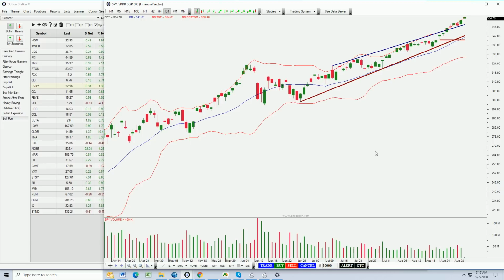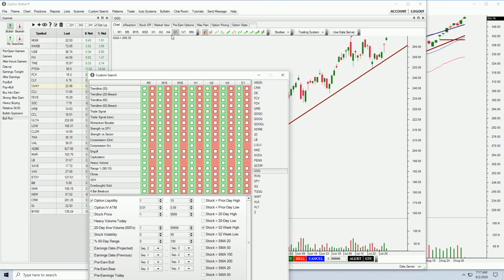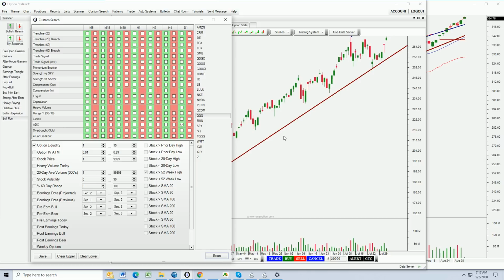On a day trading basis, we absolutely are going to be taking advantage of this type of correction, because we're going to have some really great shorting opportunities that last a few days. So, how do I know which stocks are going to be great for shorting? Well, I'm going to show you how to find some stocks, and I'm going to go into a very simple custom search, and I'm going to bring it over, and I'll show you the search parameters that I used.